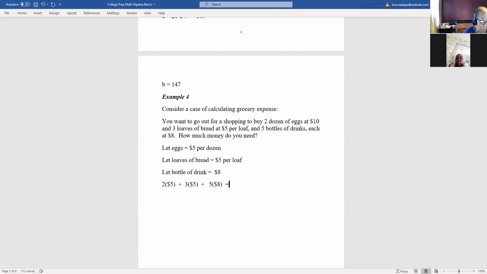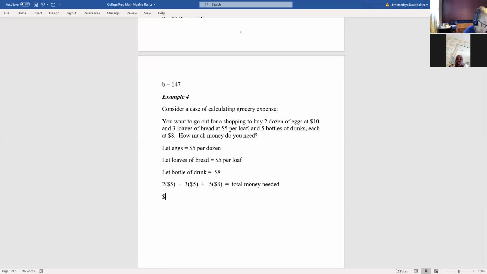That's going to be equal to the total money needed. 2 times 5 is what? 10.